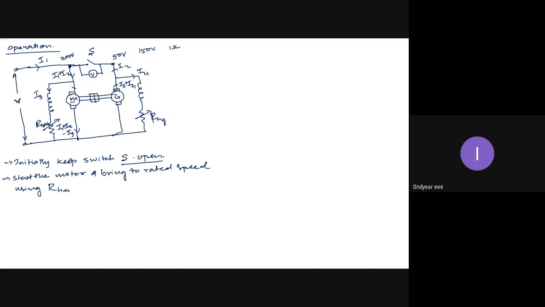Then what should I do? Start the motor and bring it to rated speed using RHM.